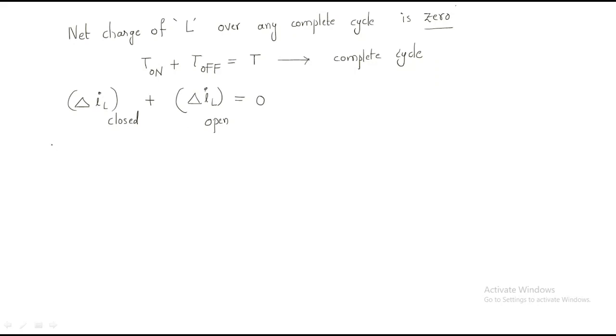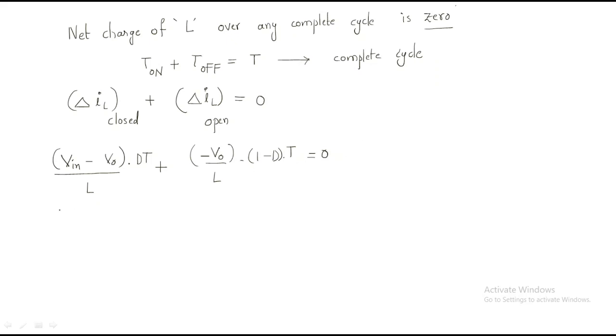From this I can write, when the switch is closed, that is the on condition, (V input minus V naught) into D into T by L, plus minus V naught by L into (1 minus D) T is equal to 0.